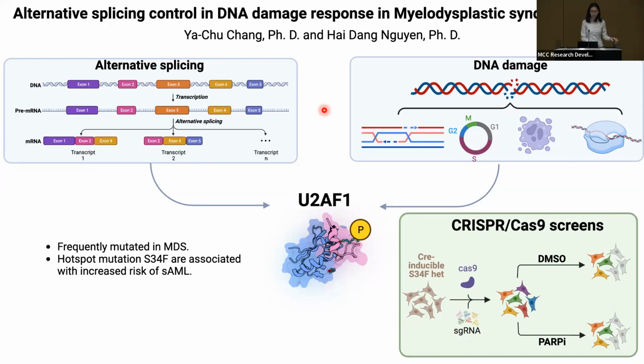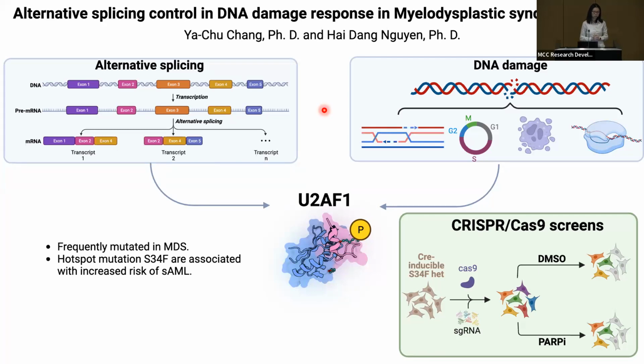Interestingly, about 50% of MDS patients have mutations in splicing factors, and U2AF1 is one of the frequently mutated splicing factors. And the hotspot mutation S34F is associated with an increased risk of secondary AML. Therefore, how we are going to treat MDS patients is one of the main questions of my research.